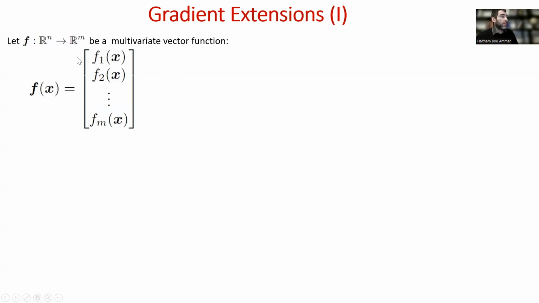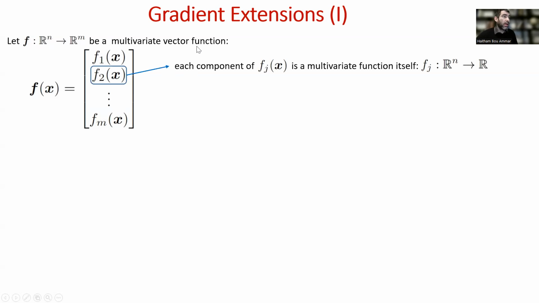Typically this function can be written as a vector where f1, f2, up to fm are the corresponding components of that vector function or mapping. And please notice, each of these components is a multivariate function itself, because it takes the n-dimensional vector and outputs just a scalar.